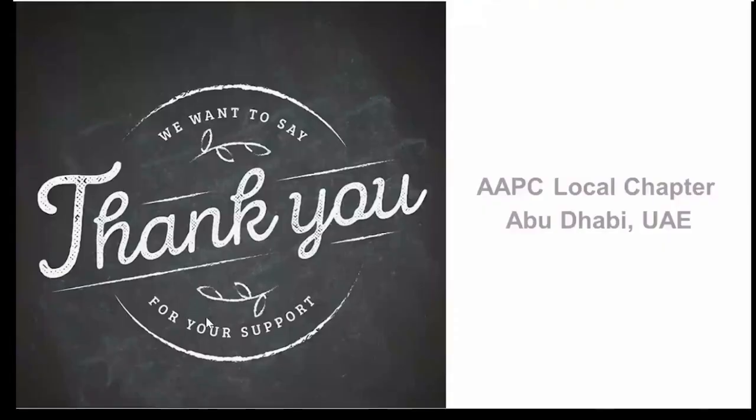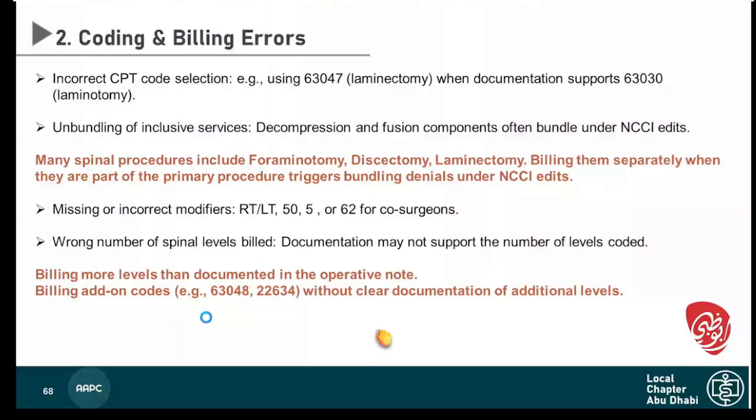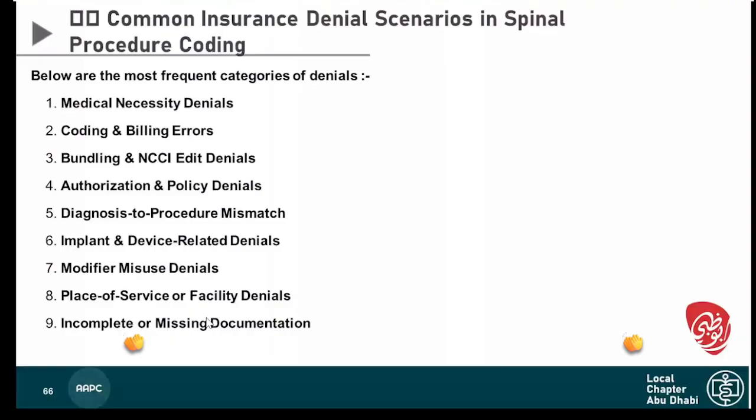To prevent or overcome these denials, there must be proper documentation. While coding, if anything is missing in the documentation, we have to query the physician and update the documents accordingly. This helps in preventing rejection.